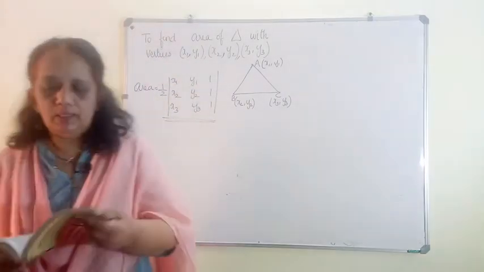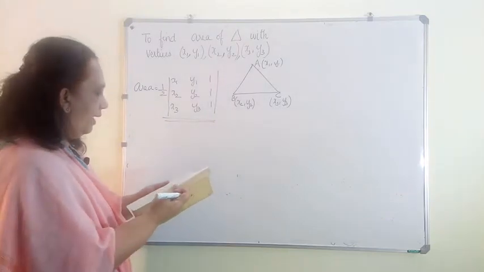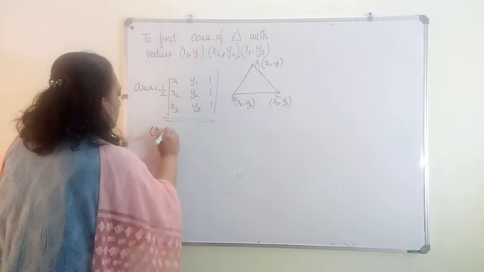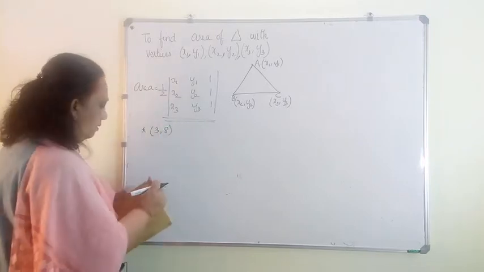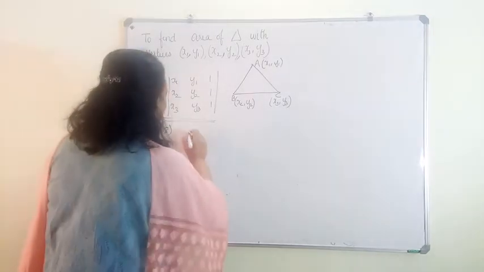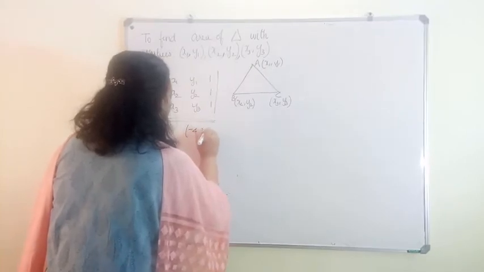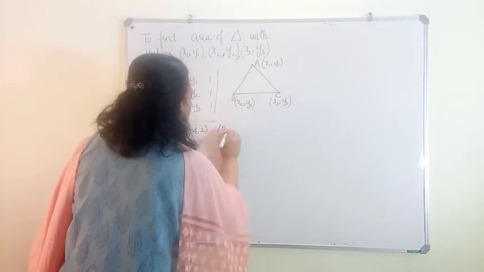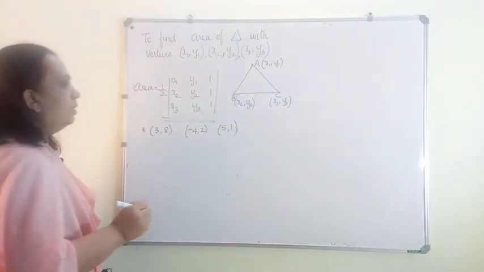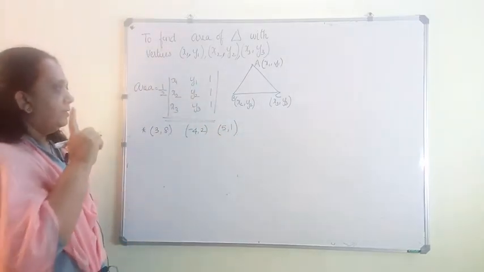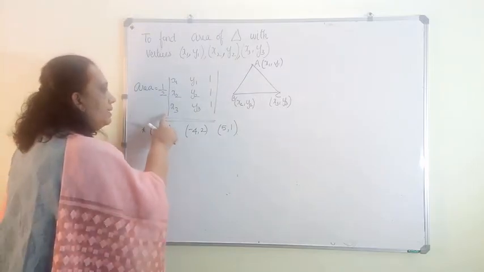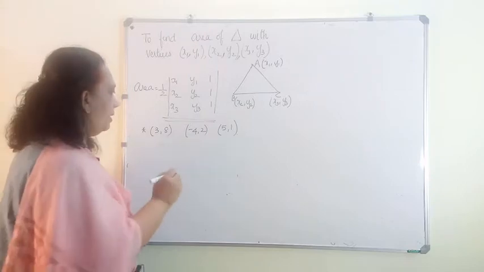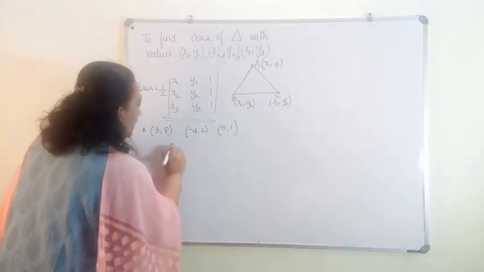Find the area of the triangle with vertices 3, 8, minus 4, 2 and 5, 1. What is the area of the triangle? Since this question contains a formula, you have to write the formula because the formula carries half a mark. So, what is area?